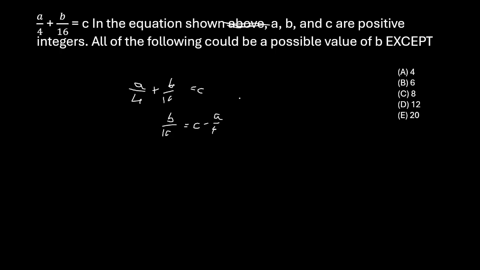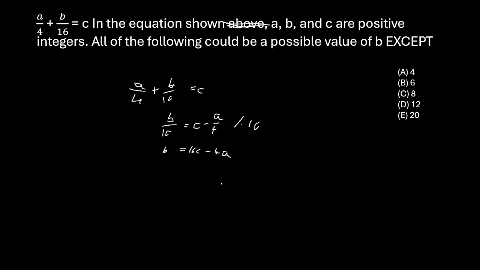Okay, now we would like to multiply by 16 because then there won't be any factors, so it would be only b. It will be 16c minus 4a.